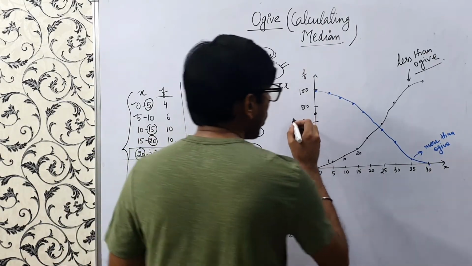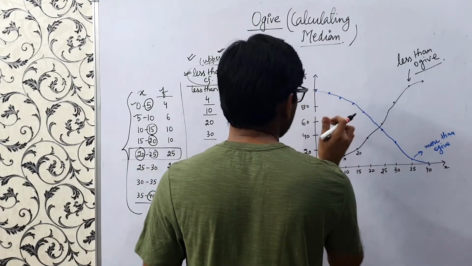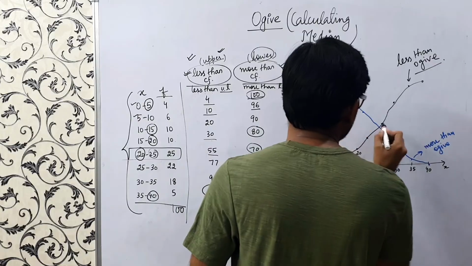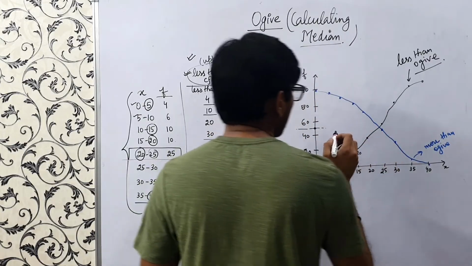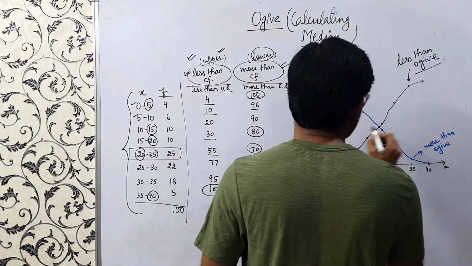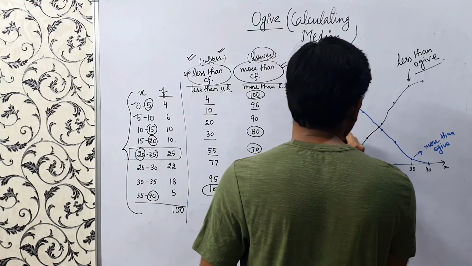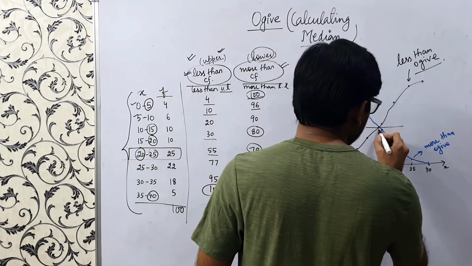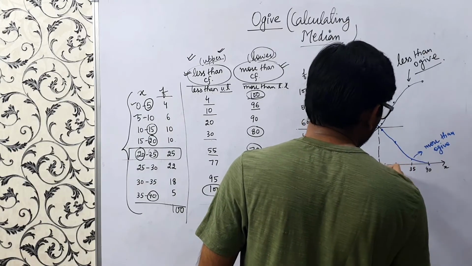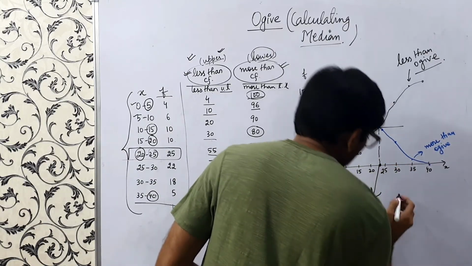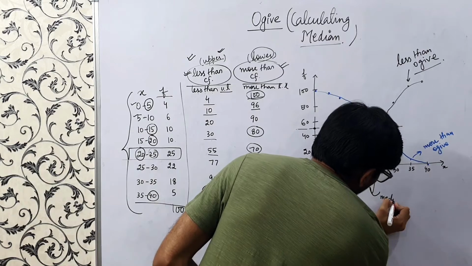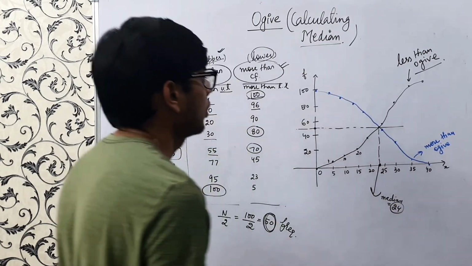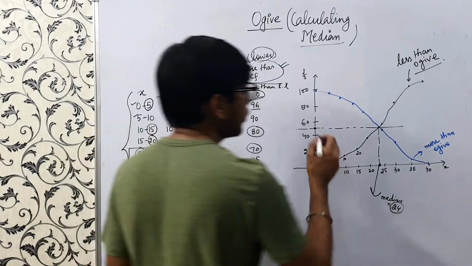So we'll draw this line, right? This is the intersection. This will be at 50 and this intersection will give the median. This is nothing but the median and it equals 24, right?